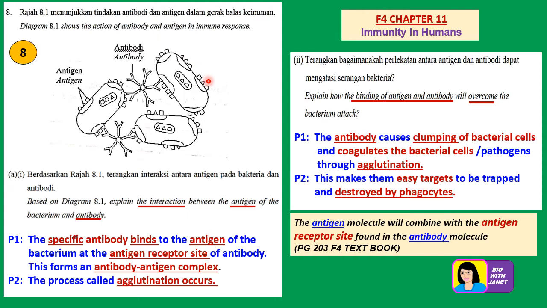And after that, it will secrete enzymes to digest these bacterial cells and kill them. Okay, that's the job of the phagocyte. So the phagocytes will work together with the lymphocytes. Lymphocytes produce the antibodies, but the phagocytes engulf and destroy the clumps of bacteria.